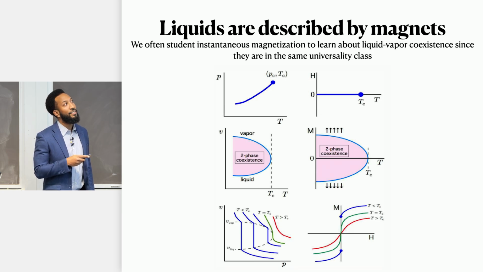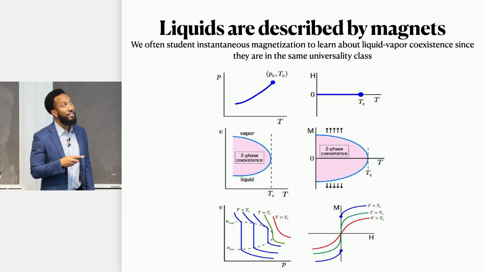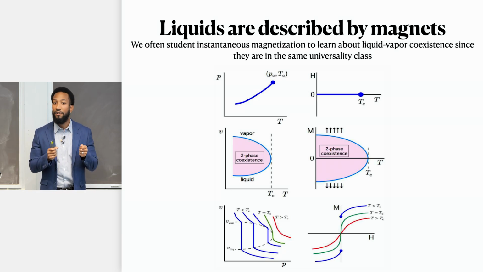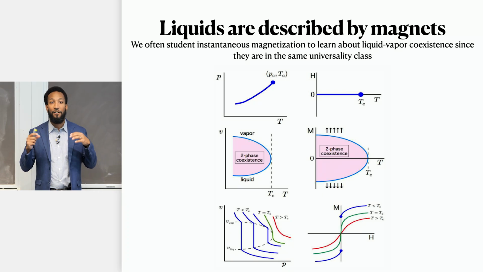Analogously, you could also consider a magnet, where H is some external field. Even at zero magnetic field, you will at some point have a critical temperature, meaning that as you cool down a metal, the atoms in the metal will spontaneously have a magnetic moment.